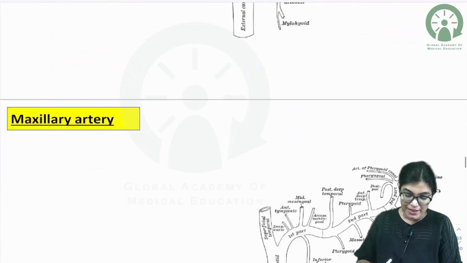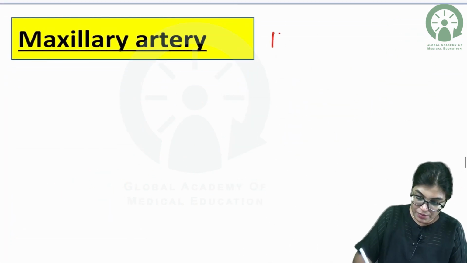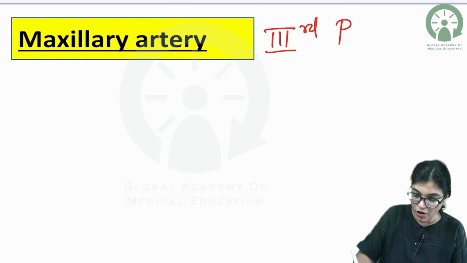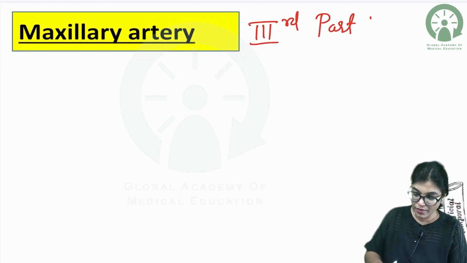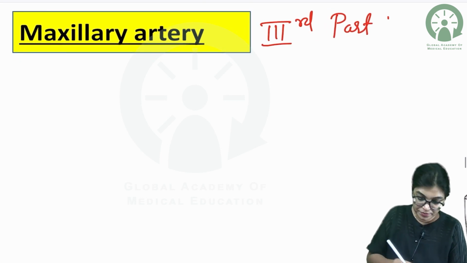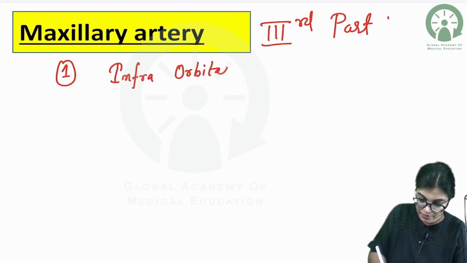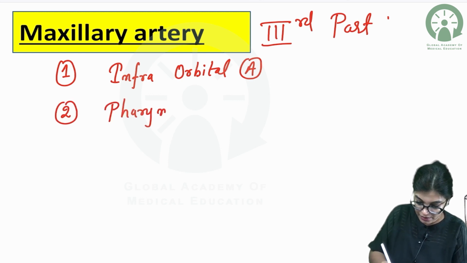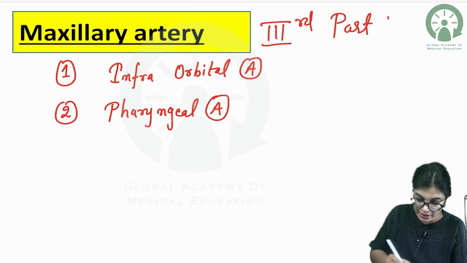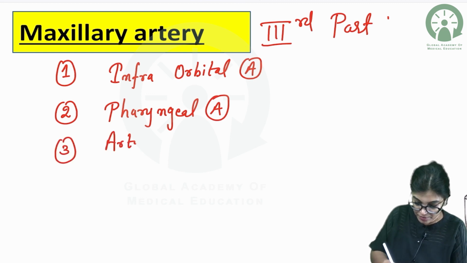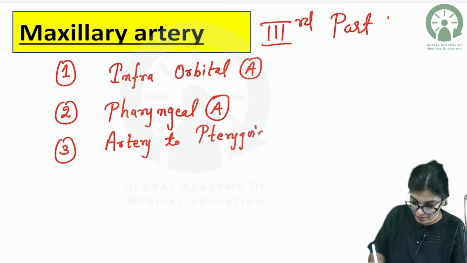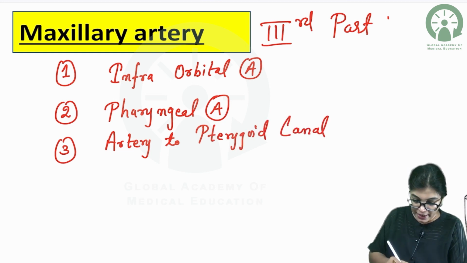Now coming to the branches from the third part. Branches of the maxillary artery from the third part, how many branches, dear? 6. The 6 branches are infraorbital artery, pharyngeal artery, artery to the pterygoid canal, descending palatine artery.